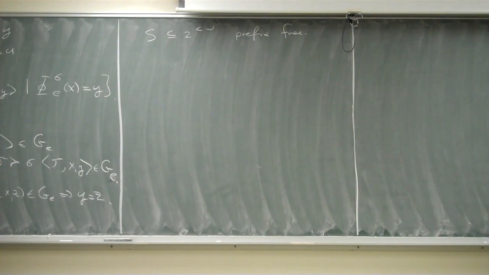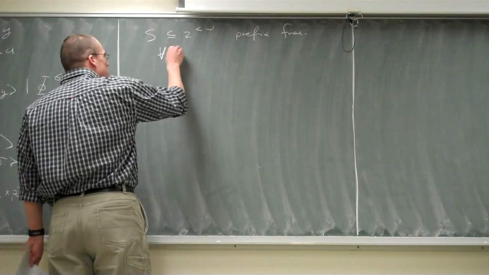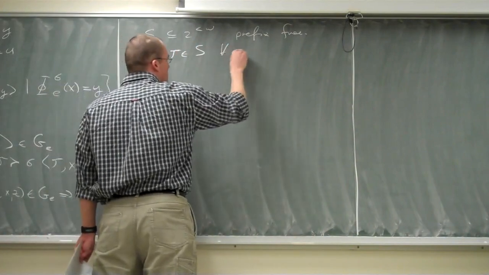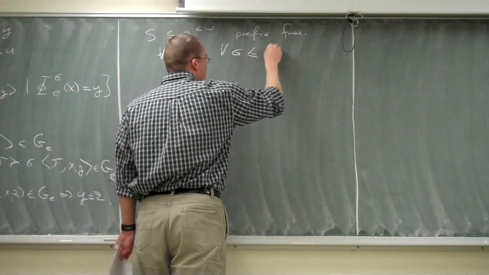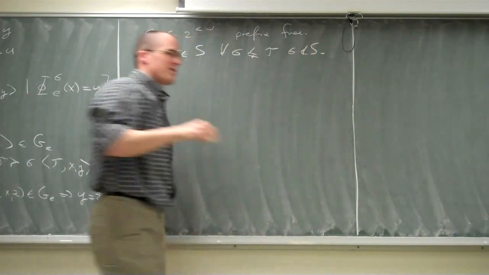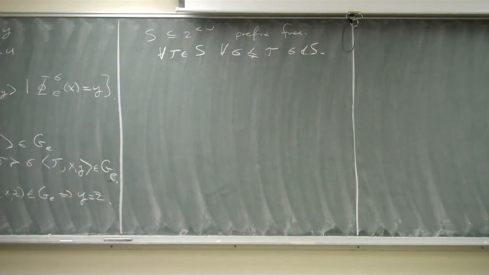For anything in the set, all of its proper prefixes are not in there. Is that a word, prefixes? Prefaces? Okay. Right? For every tau in S, every sigma that is a proper initial segment of tau is not in S.